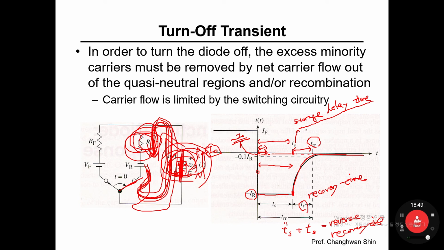But usually the storage delay time is the main one. How come we are not using T_R as a figure of merit? If you have a chance to read the book, it says T_R cannot be used as a figure of merit for the PN junction diode because of stray capacitance coming from the measurement system or cables.